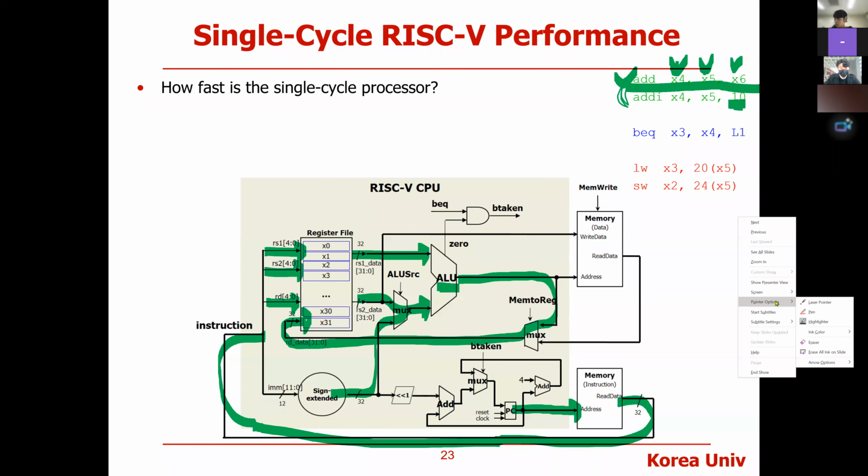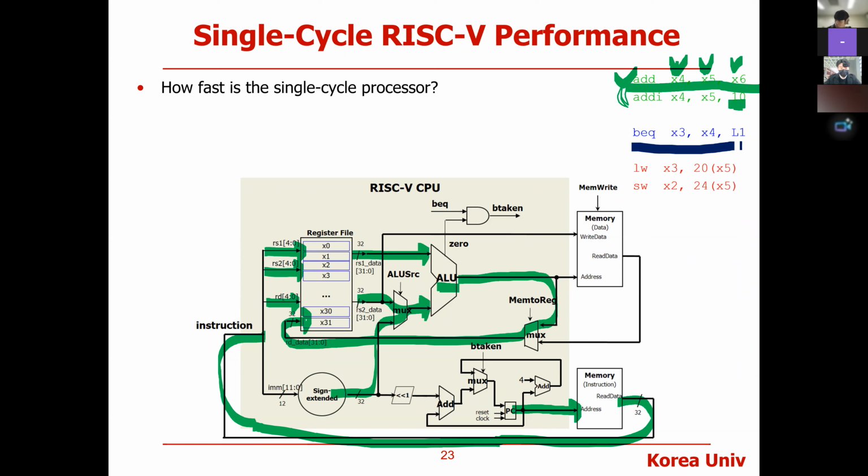Then let me use blue, blue for branch instruction. Okay, starting point is the same from program counter. Program counter, branch instruction is provided.